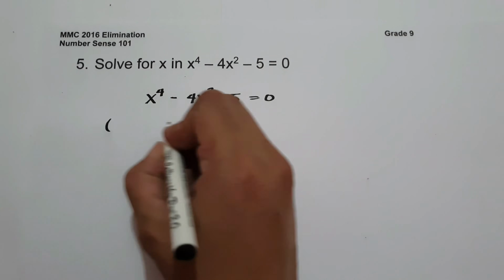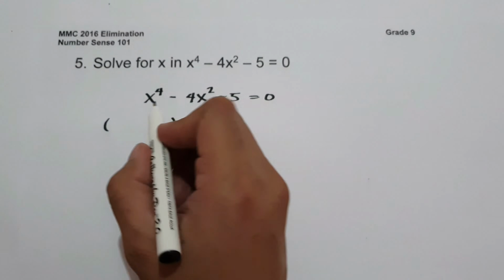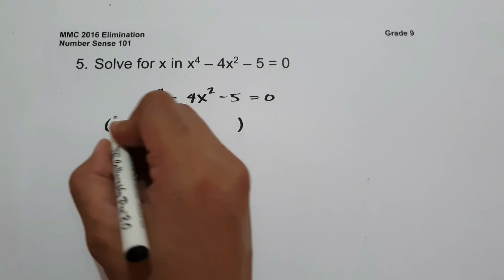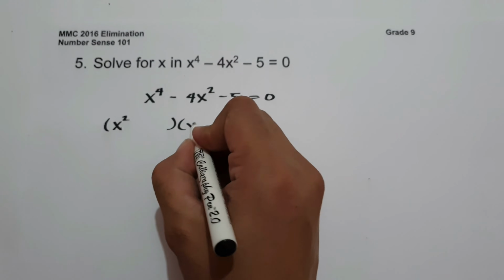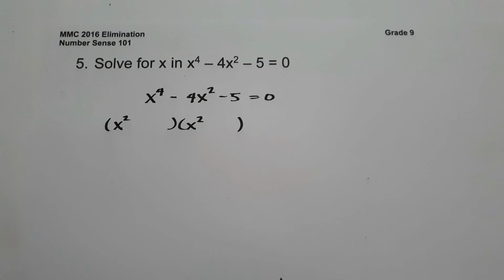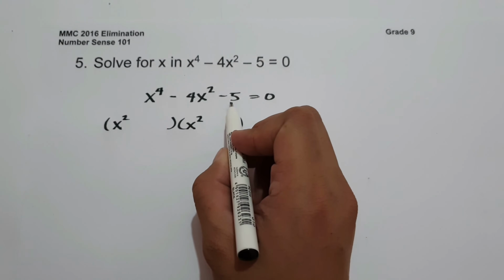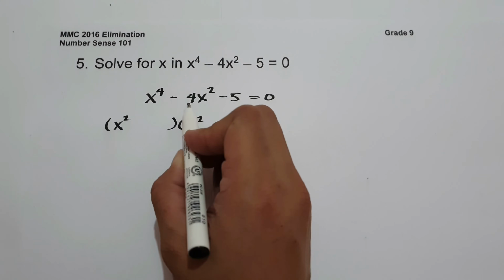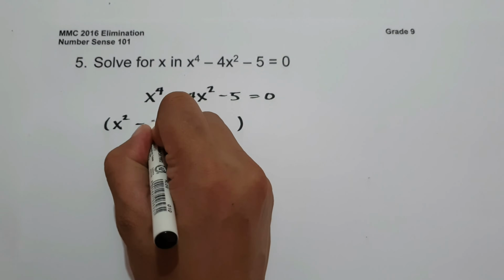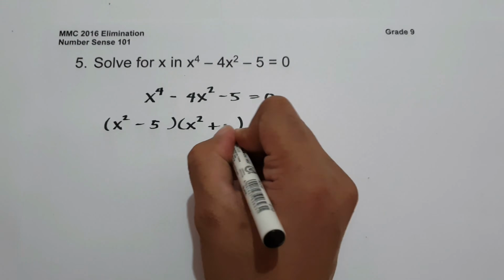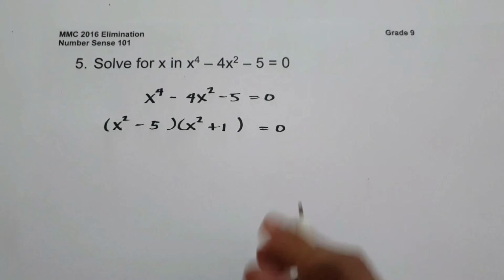So let us have the factors of x raised to 4, that is x squared and x squared. And what are the numbers? If we are going to multiply, we can get negative 5 and if we are going to add, we can get negative 4. And that is negative 5 and positive 1.